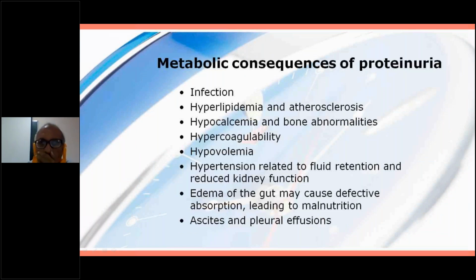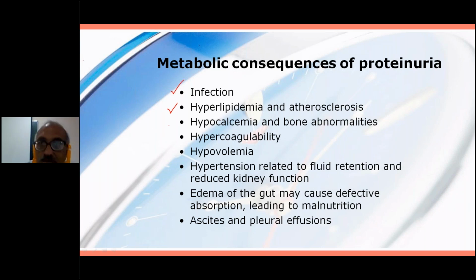And what else? Because of the proteinuria, you lose protein. Ultimately some globulins are also reduced, so the patient becomes prone to infections. When lipoproteins are lost, hyperlipidemia develops. How hyperlipidemia develops, we'll see in the next slide, and it may lead to atherosclerosis.